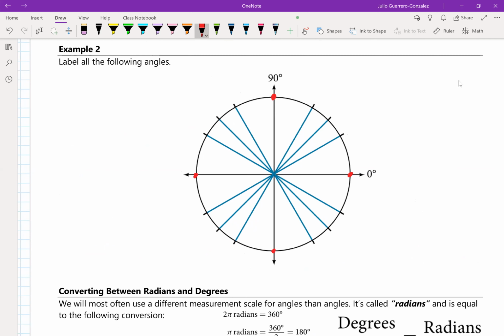So we have one drawn in, 90 degrees. The one way over here is 180 degrees. And the one down here, as you've probably seen from the previous example, 270 degrees. Cool.